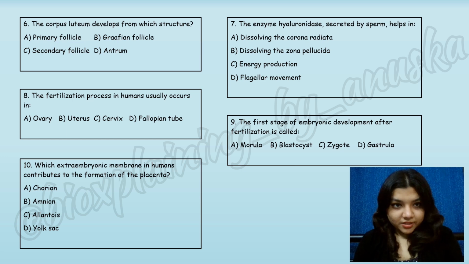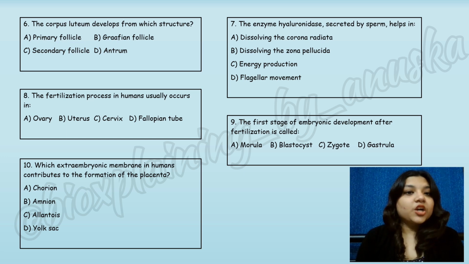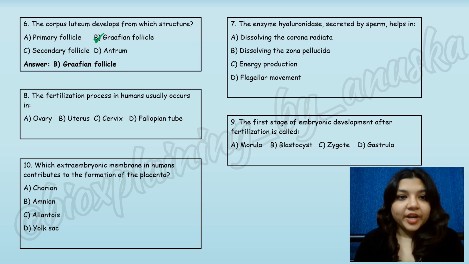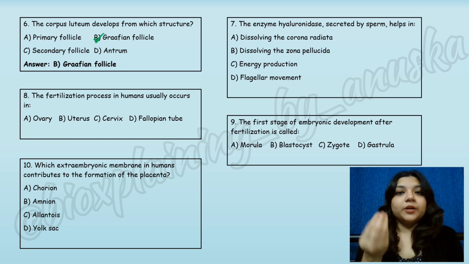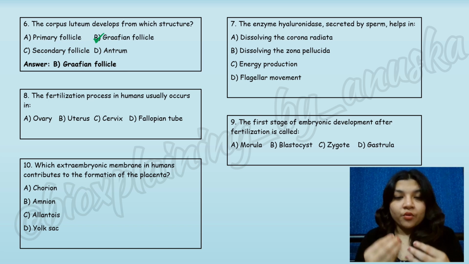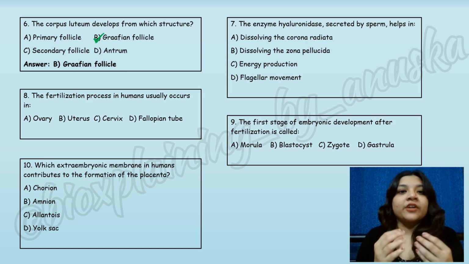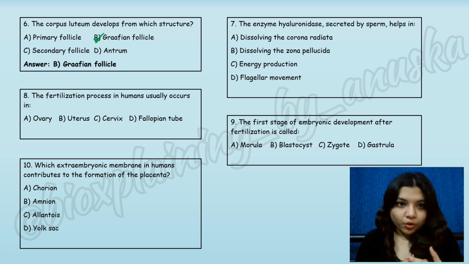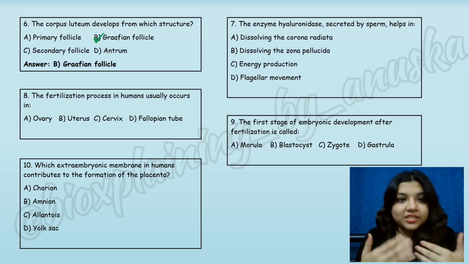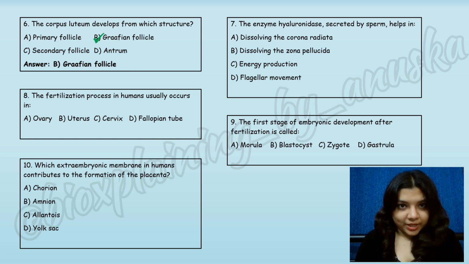Let's check the answers. Question 6. The corpus luteum develops from which structure? It is the Graafian follicle, right? So after the mature ovum has been released from the Graafian follicle, the leftover takes the form of the corpus luteum, right? Then question 7.